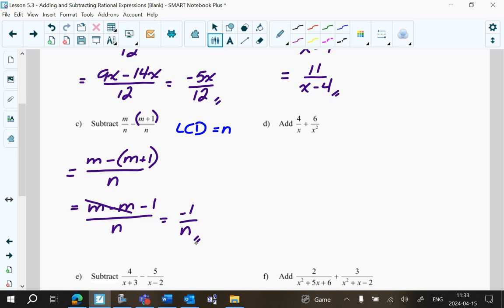The next one, we're going to have to do a little work now to find the LCD. What's the lowest common denominator? X squared. X is not enough because there's two x's being multiplied by each other here. I need x squared. So now I make a single fraction with my LCD.